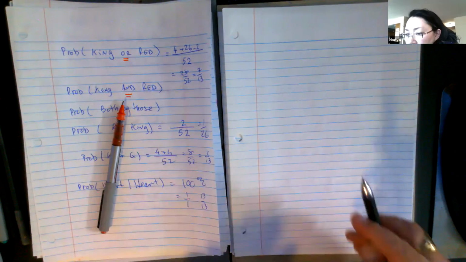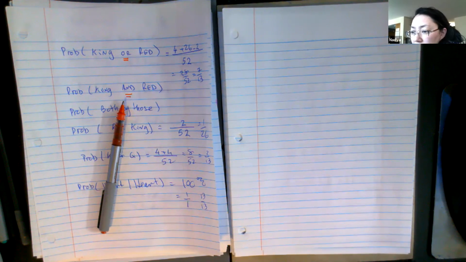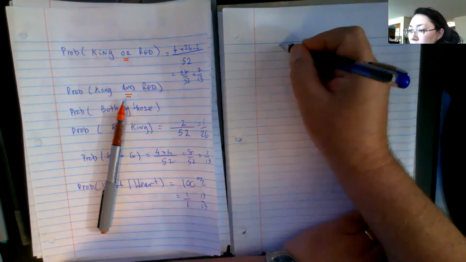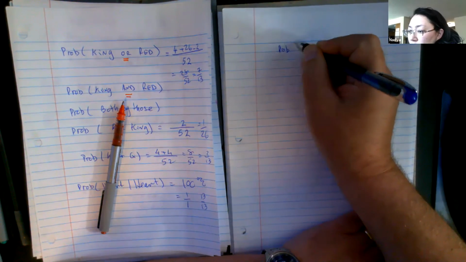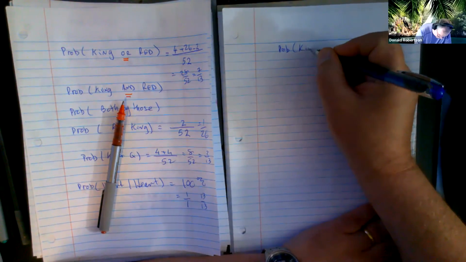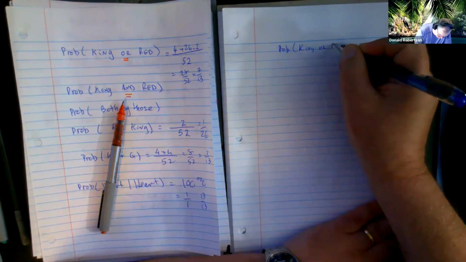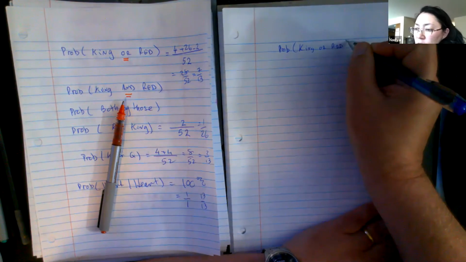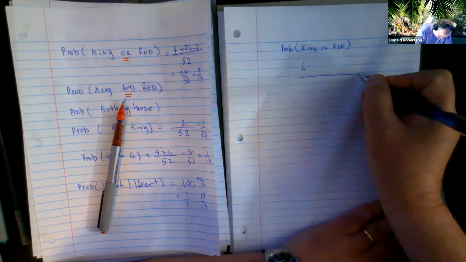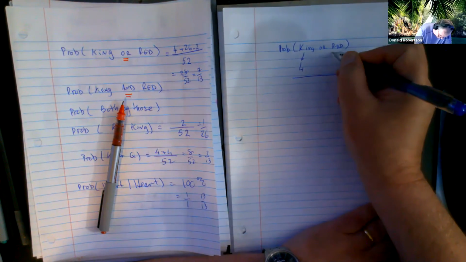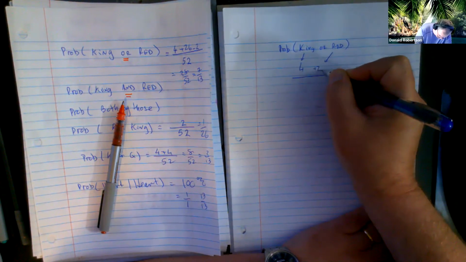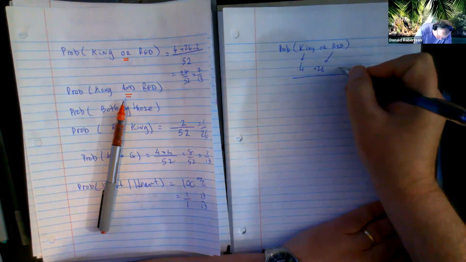My question is the first one on the top line, probability of king or red. Why did you write minus 2 on the top? I mean 4 plus 26, minus 2. The 4 is the kings, plus 26, that's the reds. Take away 2.